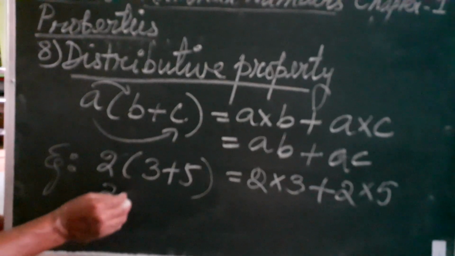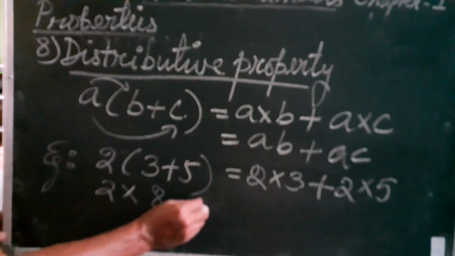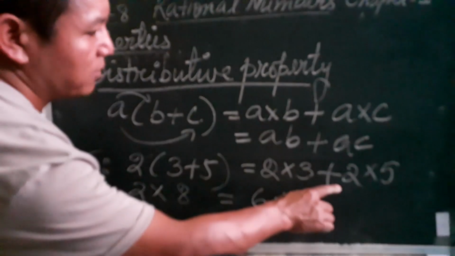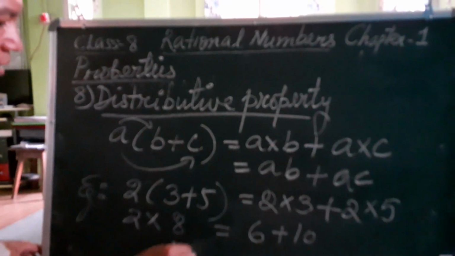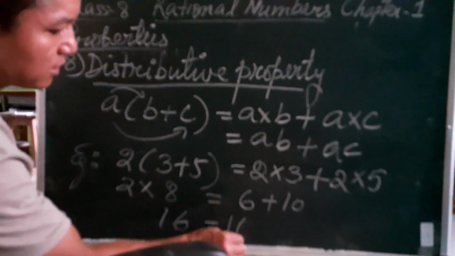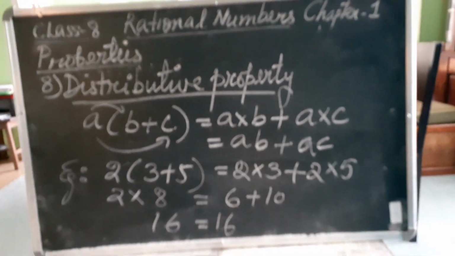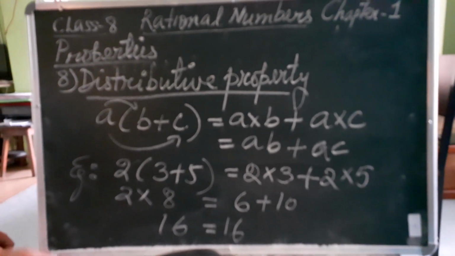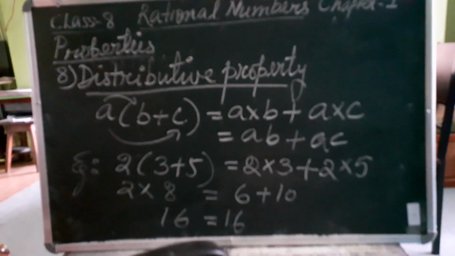When you open the bracket, it means multiply. 3 plus 5 is 8, equal to 2 into 3, 6, plus 2 into 5, 10. 2 eights are 16. 6 plus 10 is 16. So the left hand side and the right hand side are equal. This is called the distributive property of multiplication over addition.